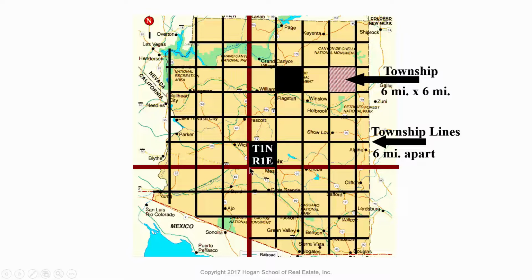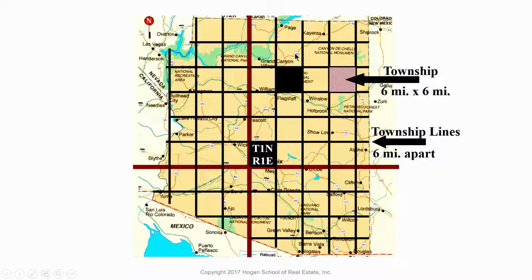So let's do a few of these here. How about that one? Let's define that one. Can you define that particular parcel right up here? Starting with the township designation, just count. It's 1, 2, 3, 4. Let's do it over here. Let's count. 1, 2, 3. It's 4 townships north of the baseline, and it is how many ranges east of the meridian?